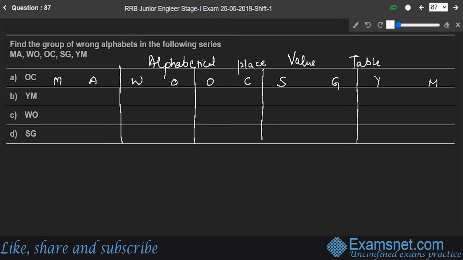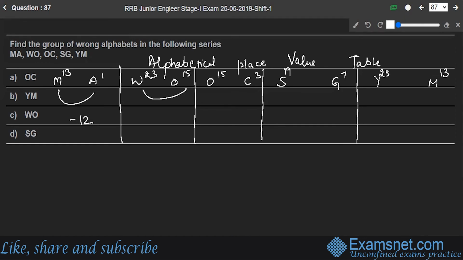YM. M is at position number 13, A is at 1, then 23, 15, 15, 3, 19, and G is at 7, 25, and this is at 13. To move from 13 to 1, you have to subtract 12.